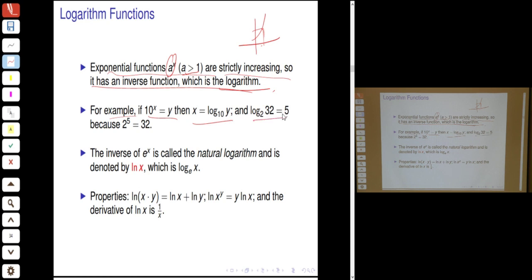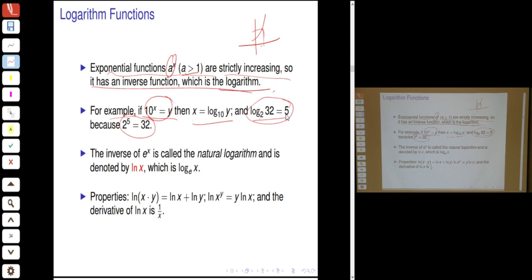One example of this is as follows. Remember that the basic equation is 10 to the x equal to y means x equal to log y base 10. Similarly, 2 to the 5 equal to 32 is equivalent to saying that log 32 base 2 is 5.